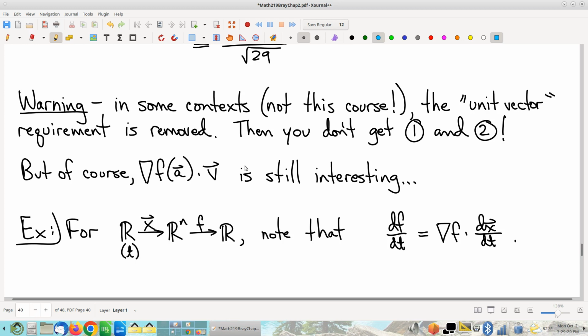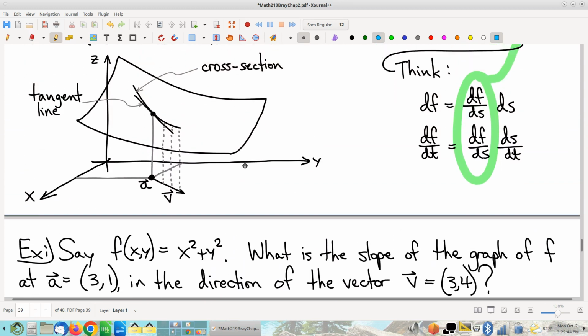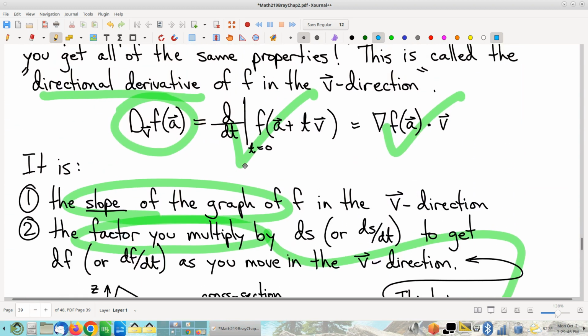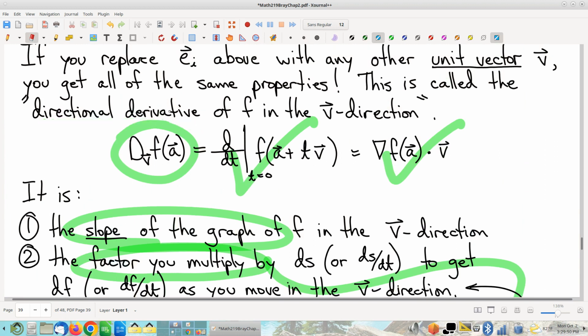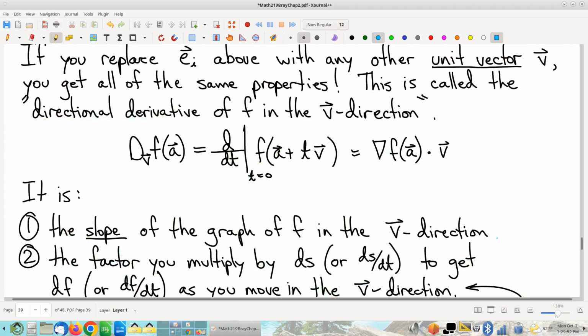Okay, now I have a sad story about convention. Unfortunately, not everyone agrees on what the proper strict definition of directional derivative is or should be. In most of the textbooks that I've seen, the word directional derivative is defined as exactly what I wrote here. The directional derivative is defined only for unit vectors.